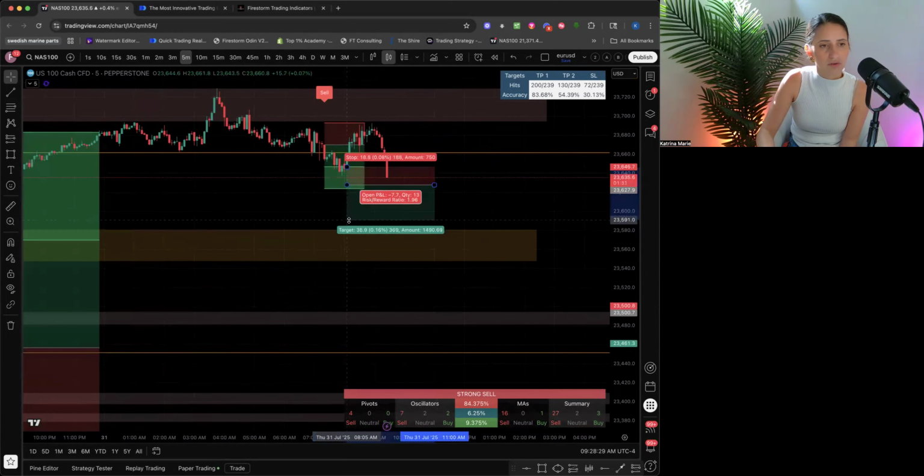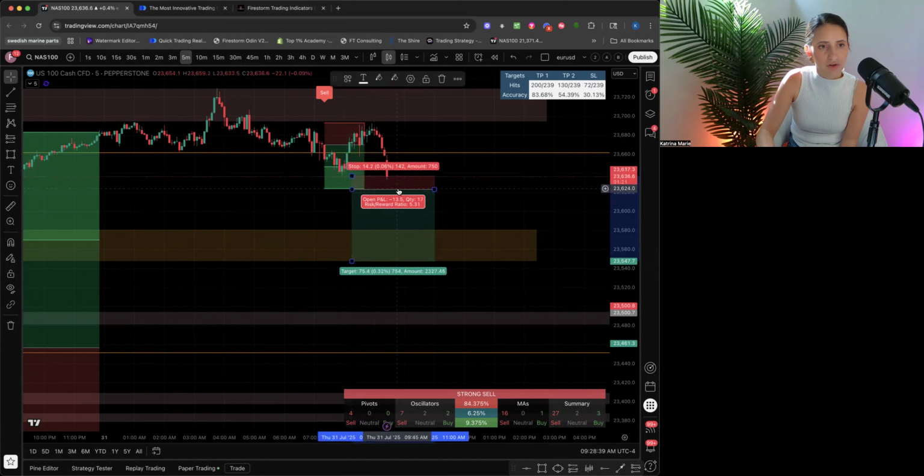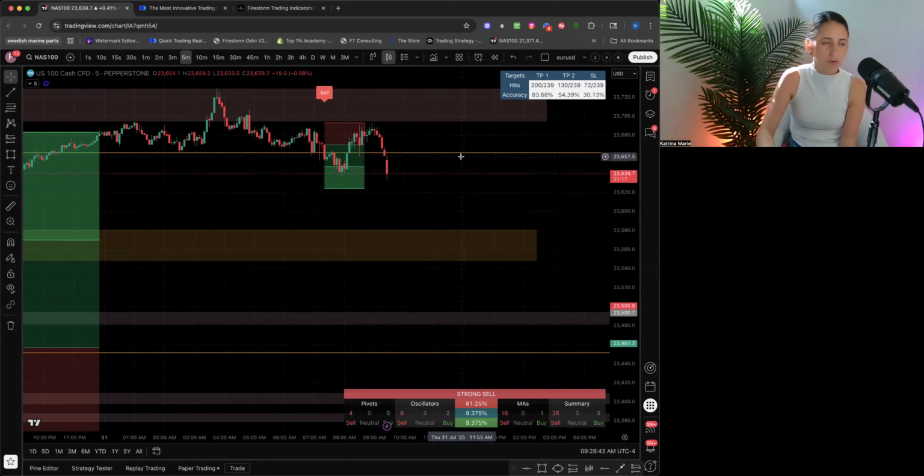Obviously, I would want to fill that gap, but I don't want to get caught up in market open. But the goal is to head down there. So we're going to see where market open goes. We have a lot of buyers kind of building up in this little area.